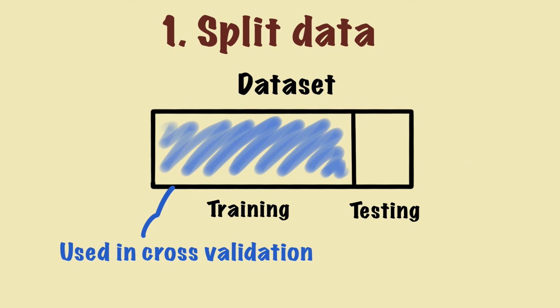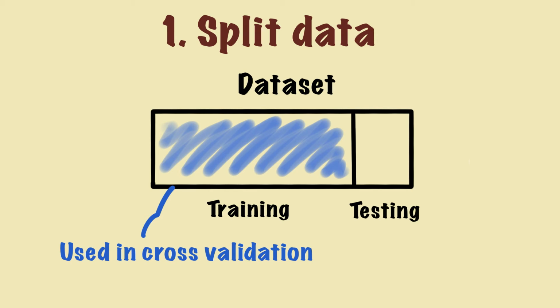Now let's go through the process of cross-validation. We'll use k-fold cross-validation as an example since it's popular, but other cross-validation methods have a similar workflow, so don't worry about them. The first thing we do is splitting data into training and testing. Typically, training data is 80% of total data, testing data is 20%, but you can decide how to split your dataset.